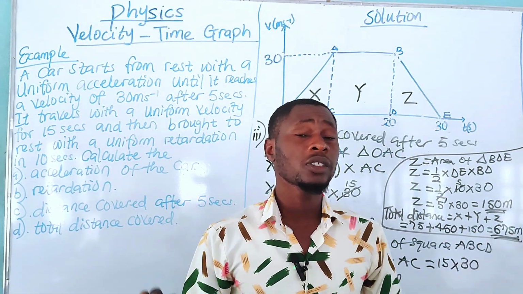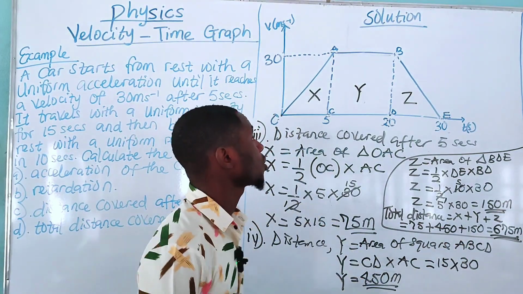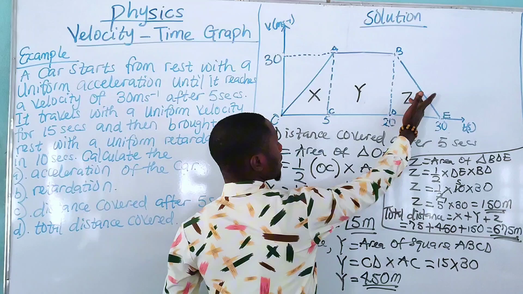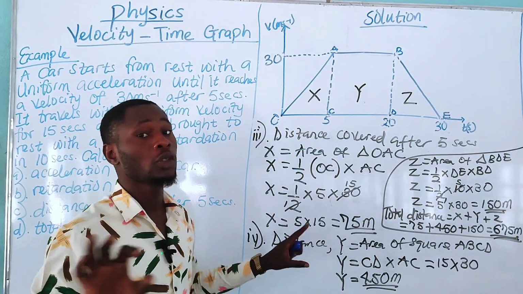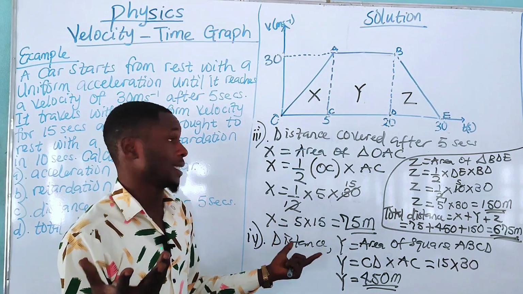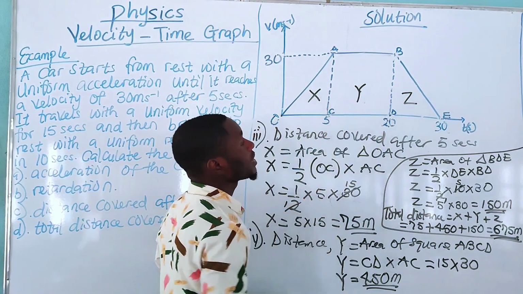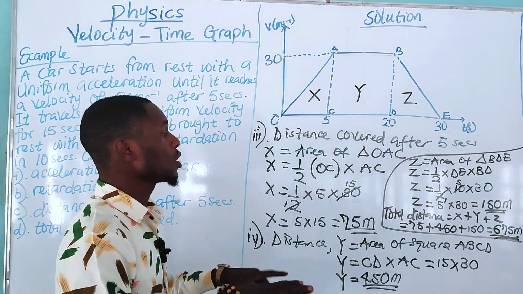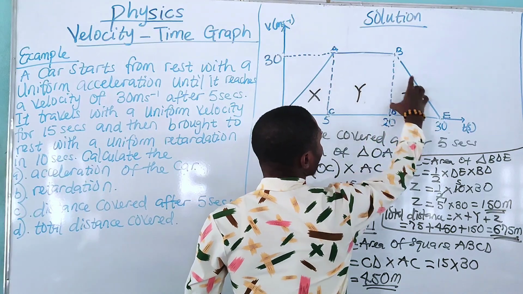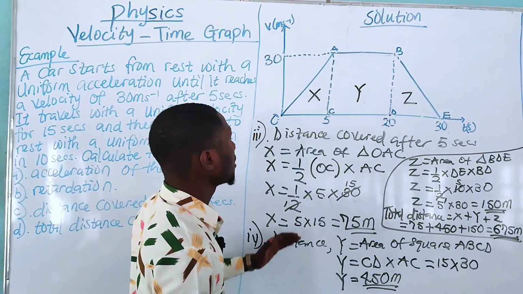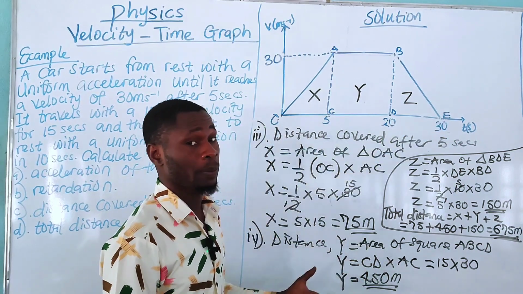Alternatively, we can also calculate the total distance covered by the body without actually finding the respective distances, because I notice this is a very long process. You can get the total distance at a time without having to find the respective distances covered by the body. In this case, we will have to calculate the area of the entire trapezium. Remember that the entire shape or graph is actually a trapezium.